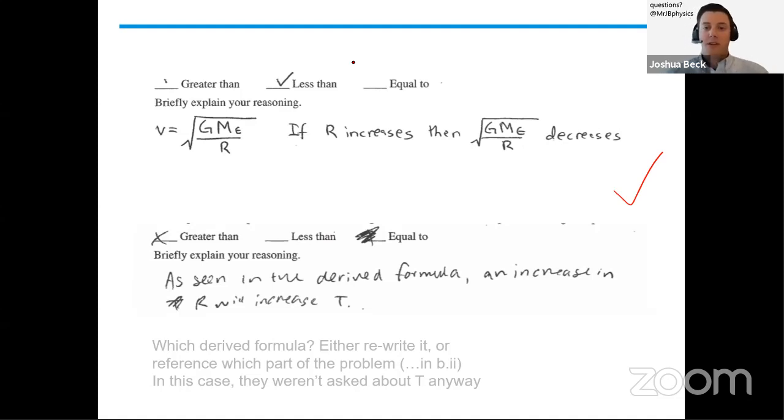Either rewrite the formula, as this person has done, or they've written it for the first time in this explanation. But if you're referencing a different formula, maybe printed in a different part of the problem, say the formula in BII or the formula in BI. So be specific which one you're referencing. Now, in this particular case, they're addressing T again, so that didn't even answer the question. We're trying to look for the speed.